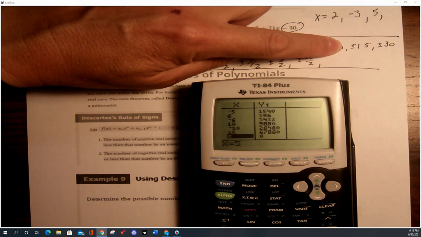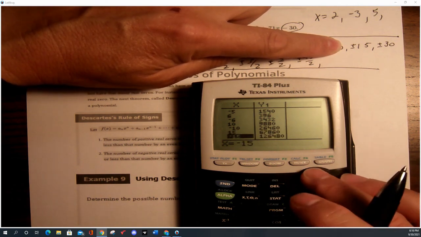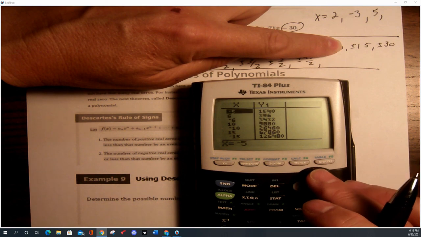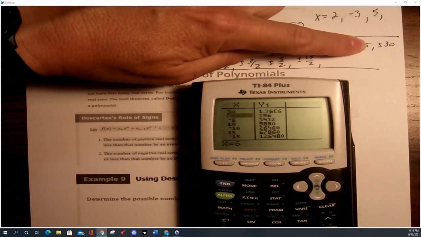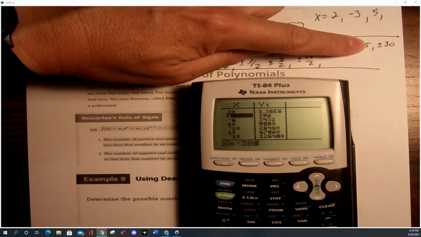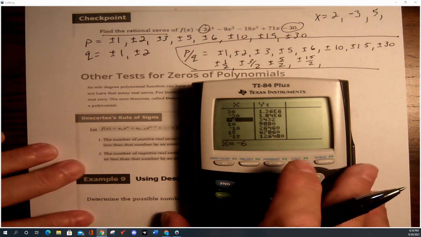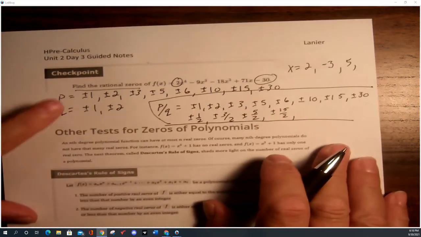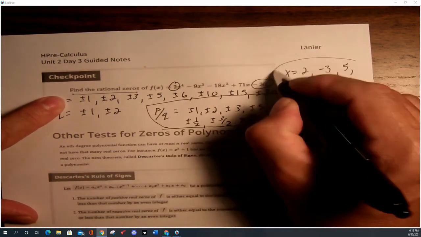I'm getting the impression that none of these others will work. All right, no big deal. And then 30, -30. Okay, so find the rational zeros of that polynomial function. There they are.